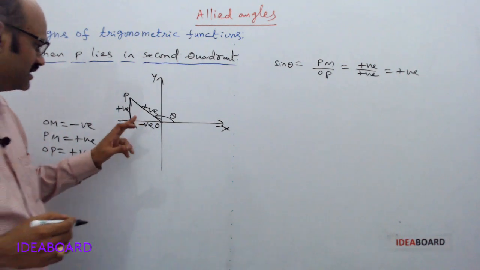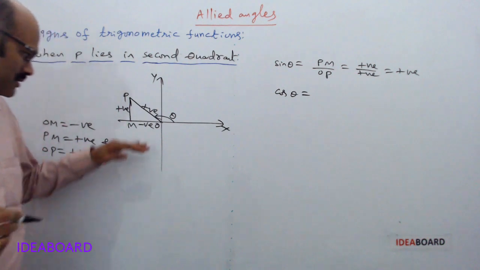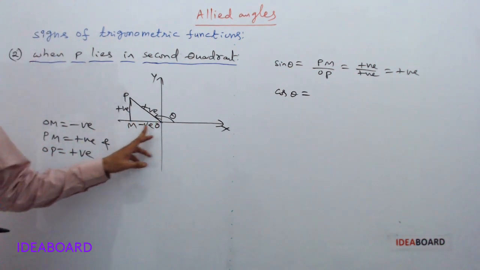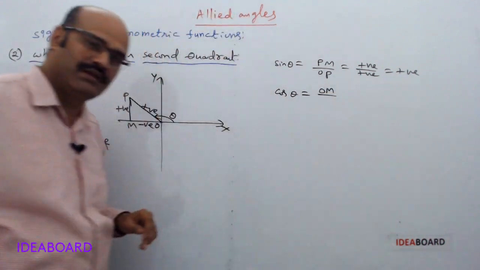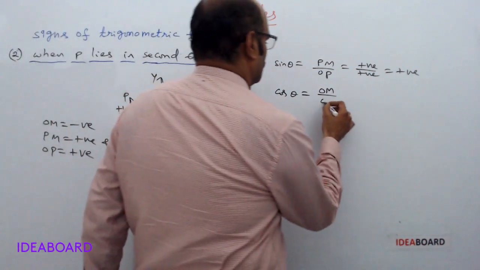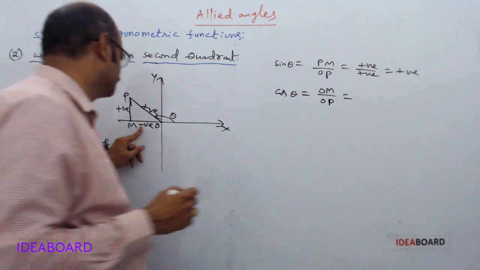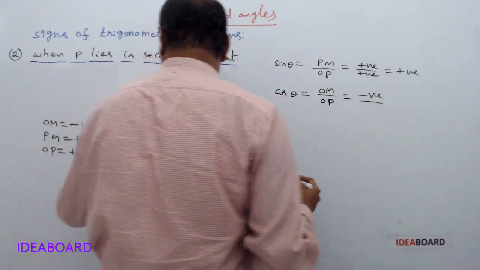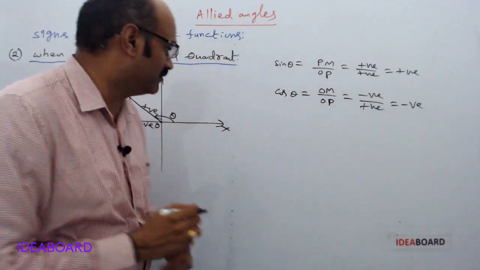Now cos theta equals base by hypotenuse. The base is OM and the hypotenuse is OP. OM is negative, OP is positive, so negative by positive is always negative.